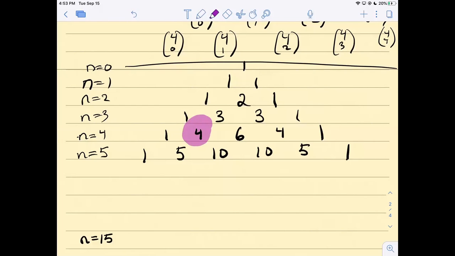Awesome. No, very good. So yeah, 4 plus 6 gives you 10. Or like 3 plus 1 gets you to 4, and so forth.